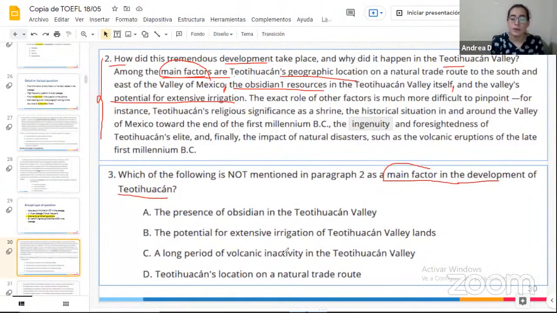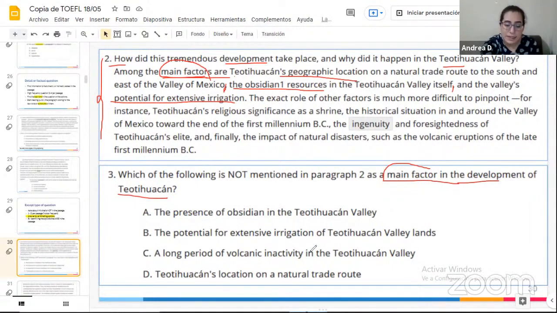Of course, now you gotta be careful here. Remember synonyms? So not everything is pink. You're not gonna find the exact same thing, something like Teotihuacan's geographic location on a natural trade route. No, maybe you have some synonyms. So you've gotta be careful there.